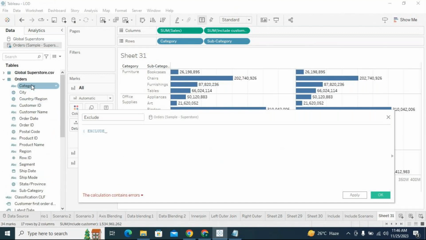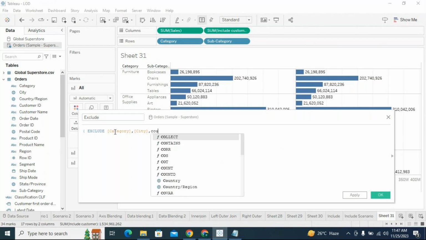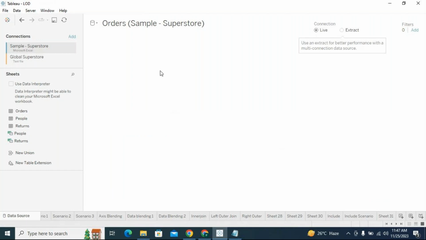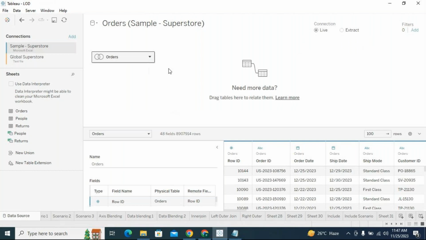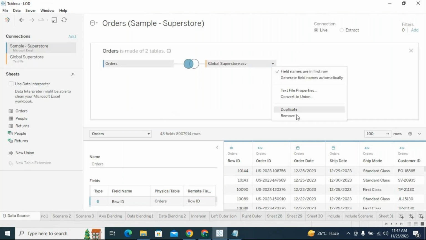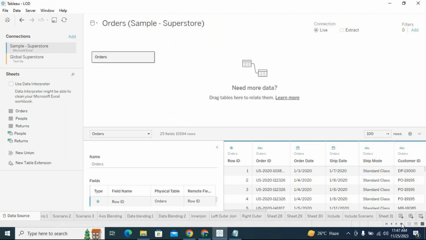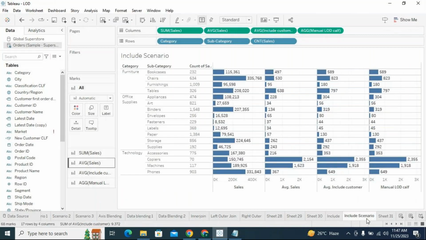For example, let me write it: category, comma, city, comma, country. Let's close this. I'm removing this because it was part of the cross database and we don't want that.